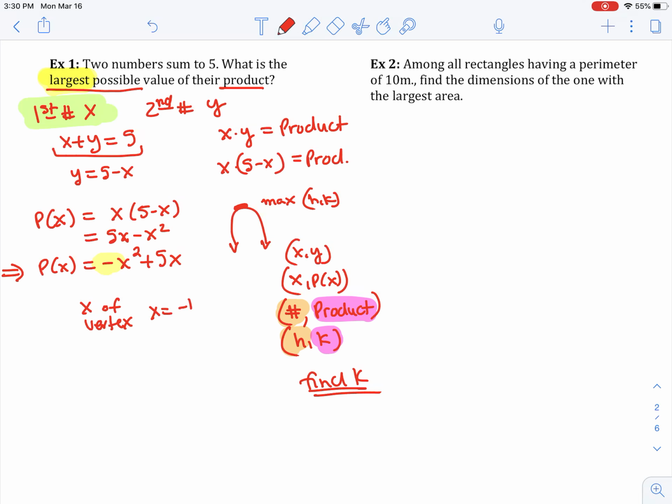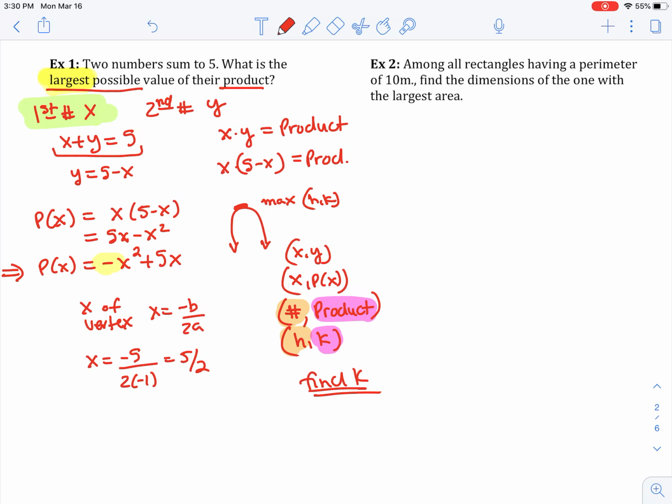And the x of our vertex, we know, is equal to minus b over 2a. So in this case, our x is equal, what was our b? Our b is our 5, so minus 5, and our a is a negative 1, and we get 5 halves.